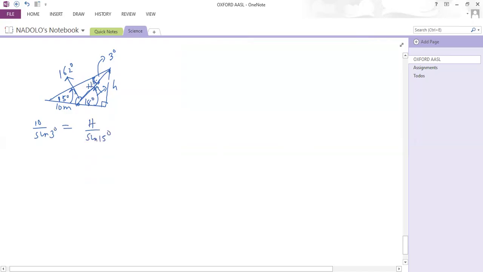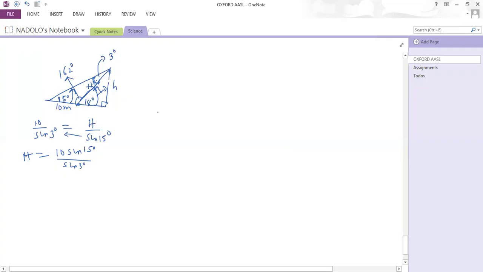So 15 is facing my capital H, that's why I'm using that. So capital H will be equal to 10 sine 15, divided by sine 3. I'm not going to write the exact answer for that.